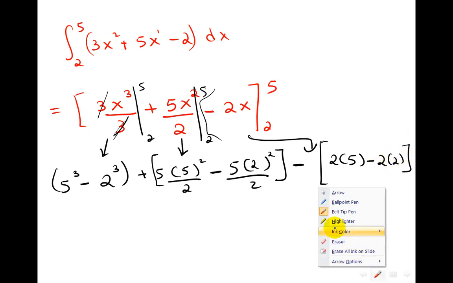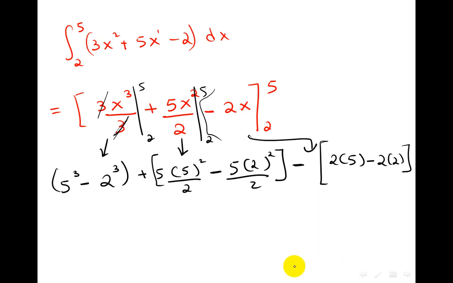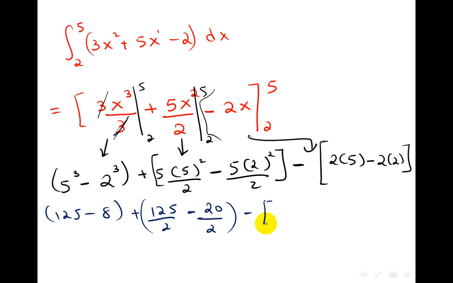Now you can use your calculator if you want to simplify it. 5 cubed is 125, minus 8, plus 5 squared is 25 times 5, which is 125 over 2, minus 2 squared is 4, 4 times 5 will be 20 over 2, minus 2 times 5 gives you 10 minus 4.